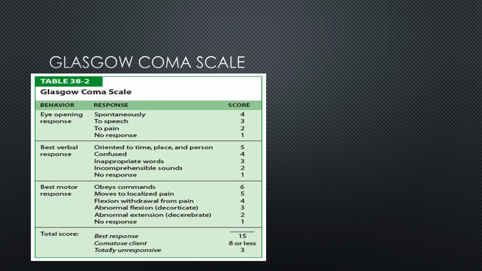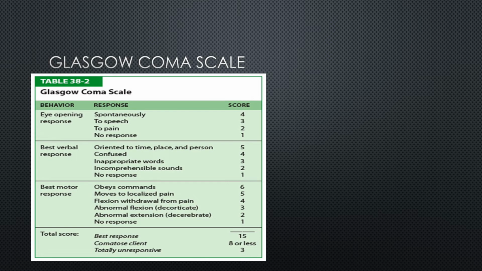And if they do not open their eyes, that is a 1. That's verbal response. If they are oriented to time, place, and person, they get a 5. If they are confused, they get a 4. If they are using inappropriate words, they get a 3. Incomprehensible sounds, they get a 2. And no response scores them at a 1.